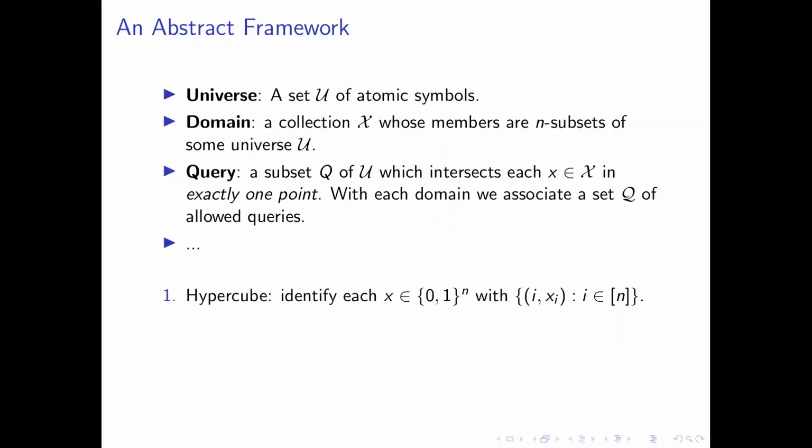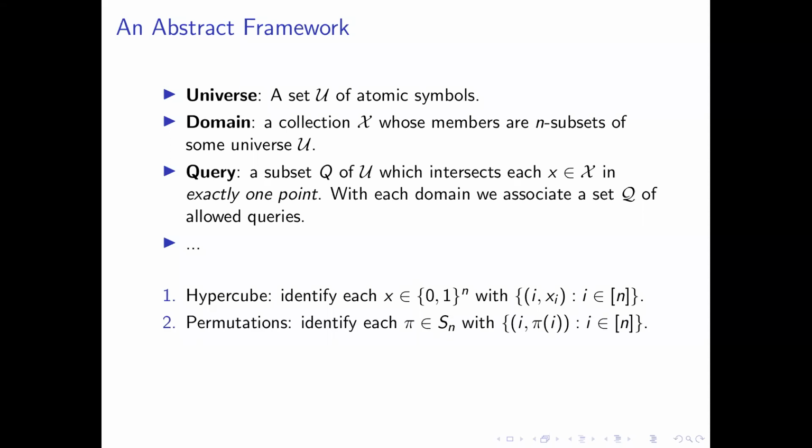Let's give some examples of how one would encode various familiar combinatorial domains in this framework. For the hypercube, it should be somewhat straightforward. For each bit string, I can record its index and its value, which is going to be either 0 or 1.